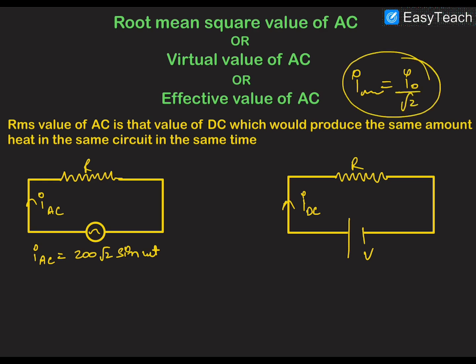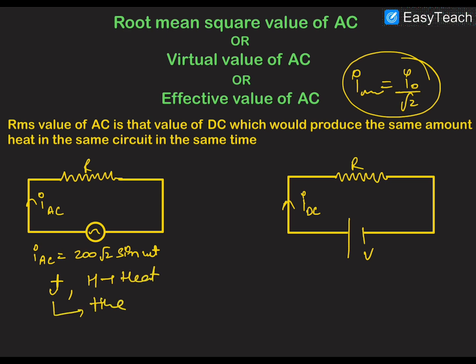So let us assume that I RMS is I naught by root 2, and let us consider two circuits. In these two circuits, this is an AC source and this is a DC source. The resistance is the same in both circuits, and we have observed that if we flow this AC current through this resistance for some time t, then it produces a heat of H. This is heat produced, and this is time.